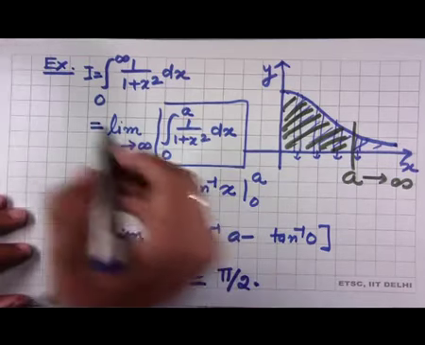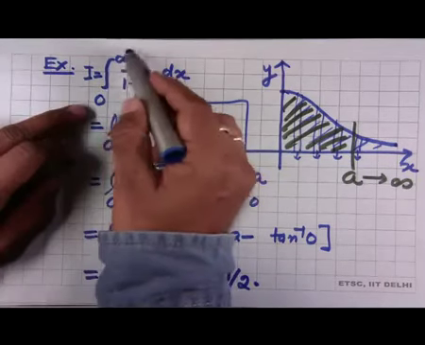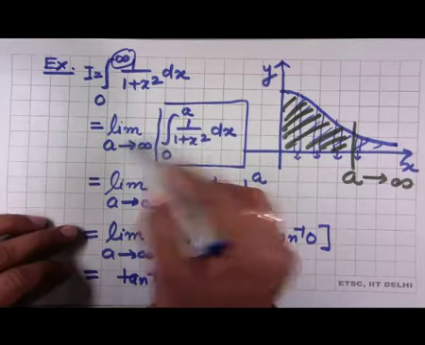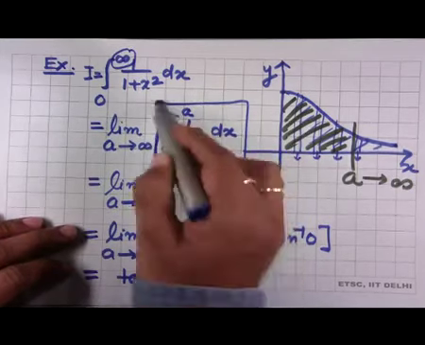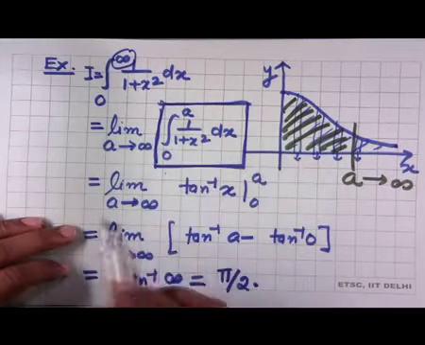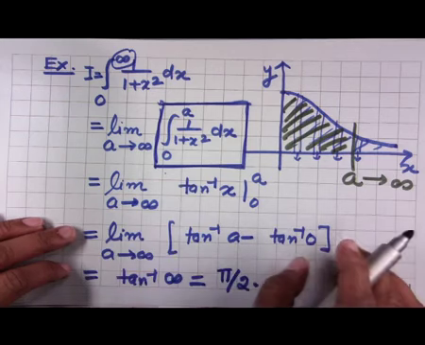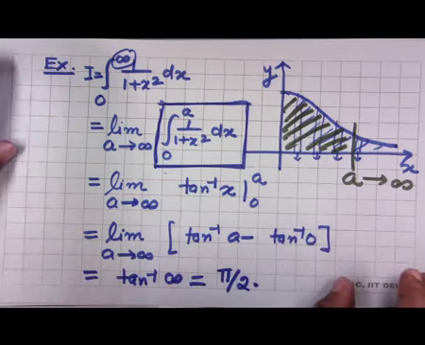So, what we have done, this infinity is dealt with by converting this integral into a limit of an integral which is defined over a finite interval. Hence, the problem of unbounded intervals can be dealt with in this manner.